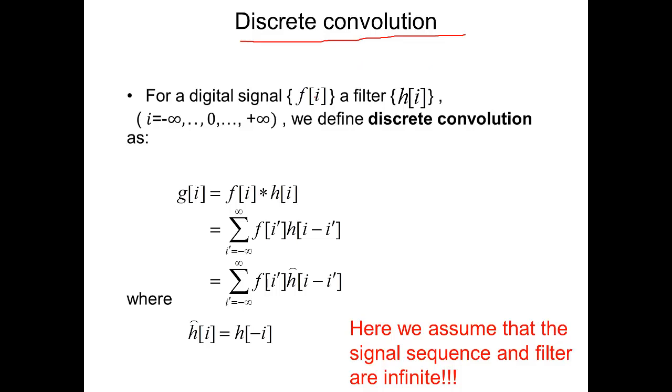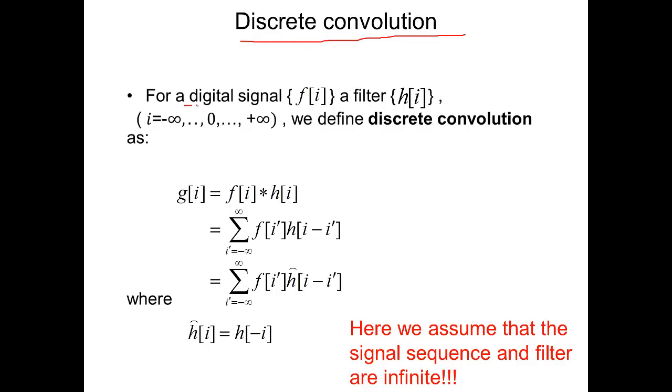In fact, discrete convolution has 2D and 1D operations. The 2D operation is for images. The 1D operation is for signals. We will start from 1D because 1D is simpler than 2D.